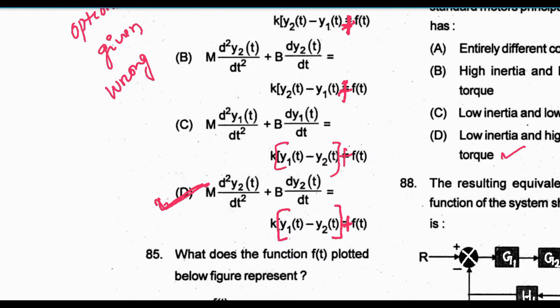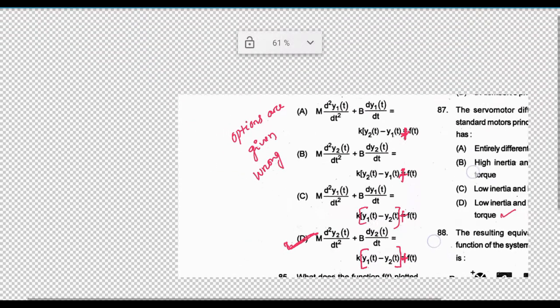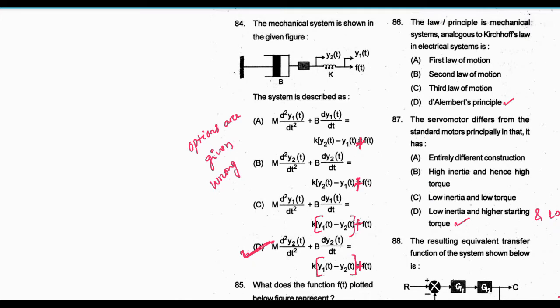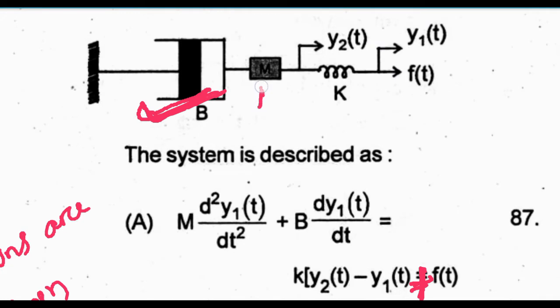So how is this coming? First for this damper, m into d square y2 by dt square. Here only y2 force is acting, and here also only y2 force is acting. Here m is mass and d square y2 by dt square, and similarly for this one B, where m is the mass and B is the damper.